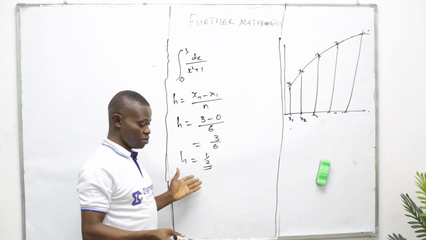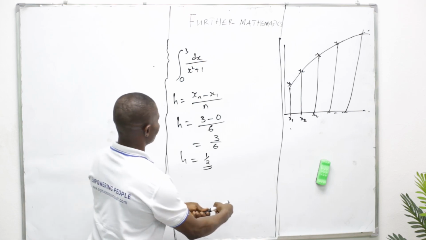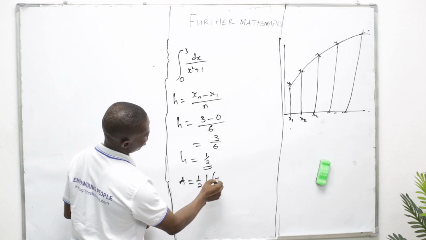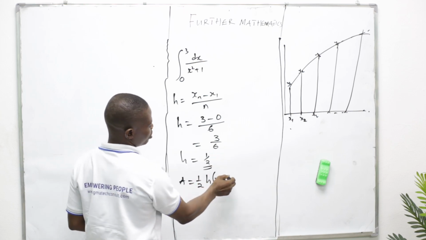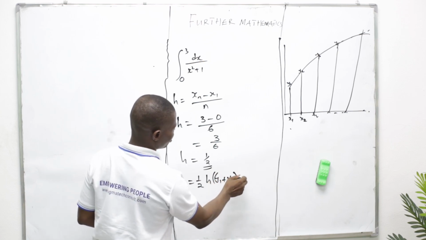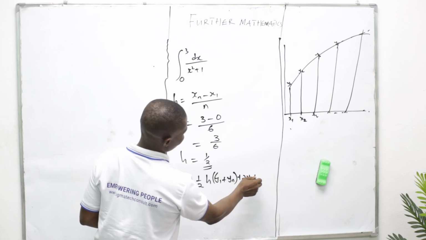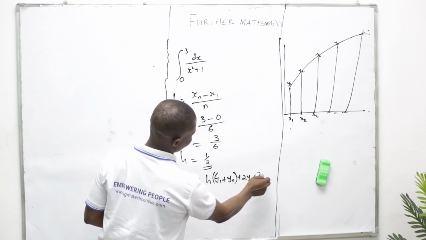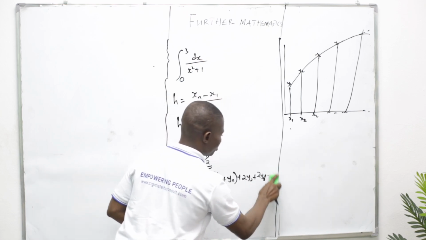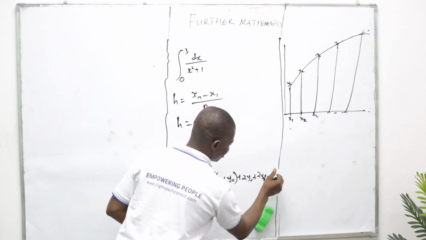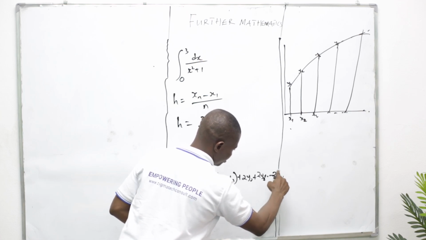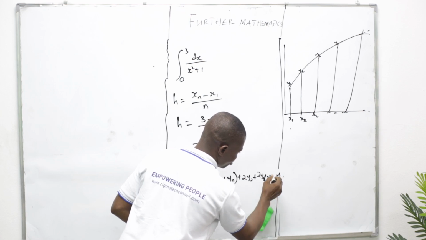Let's see if there is a way we can generate. Our general formula is A equals 1 all over 2 h into y1, the first ordinate, plus the last, which is y7, plus 2y2 plus 2y3 plus dot dot dot, ending at 2y6. The last one, y7, we will not multiply by 2.